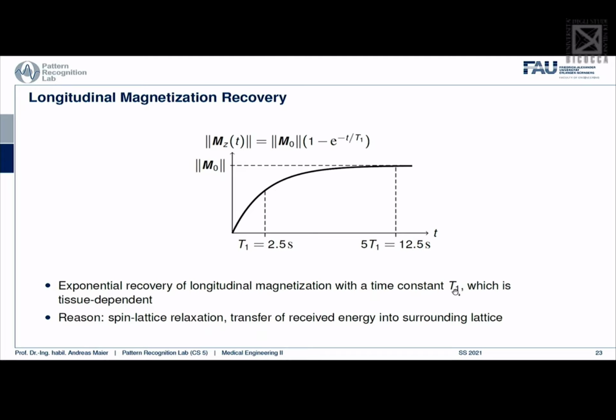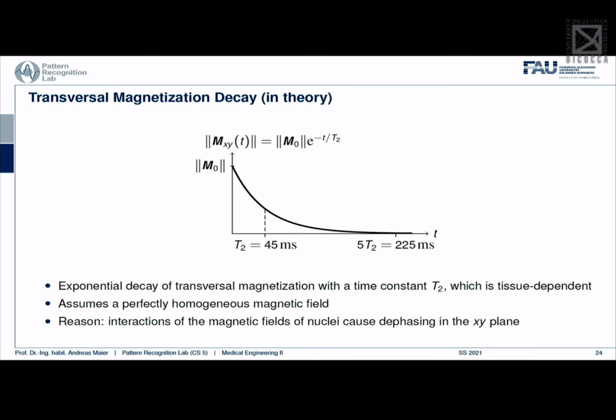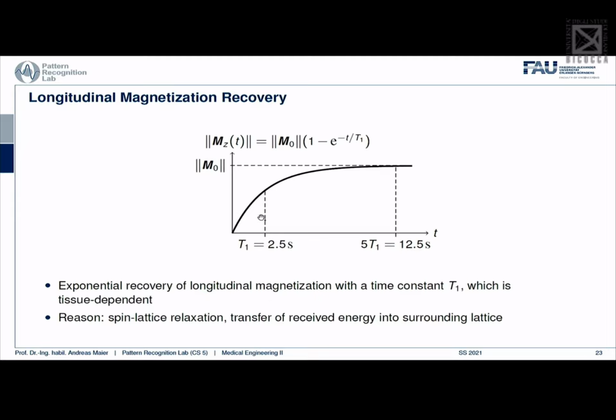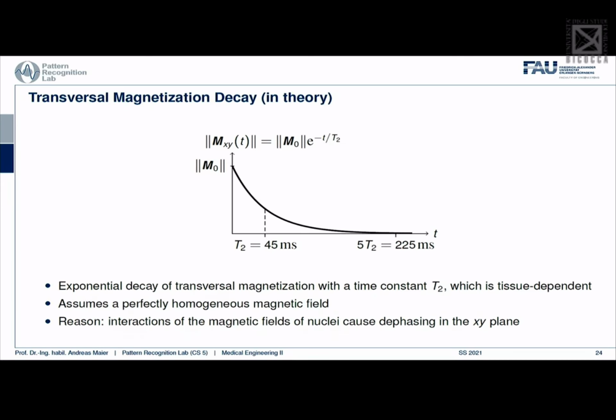This T1 is tissue dependent, so we are able to generate contrast. The reason is the transfer of the received energy into the surrounding lattice of atoms, and this is just for your knowledge. By the way, here it's writing 2.5 seconds, just to give you an idea of the average scale.